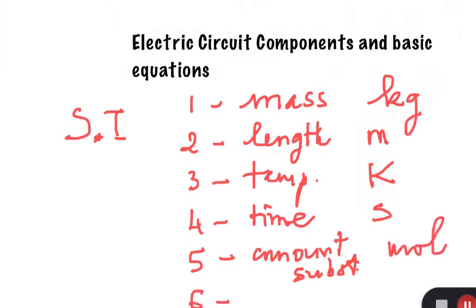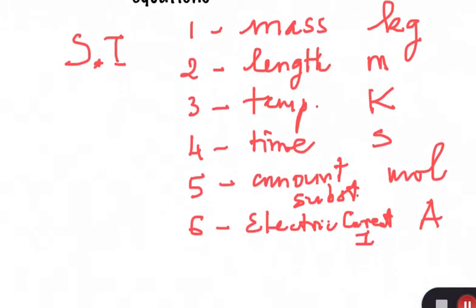Number six, we're going to discuss that today, which is the electric current. The electric current is expressed with the letter I, and the unit is amperes. The seventh one is about the intensity of light. We won't see that even if we have already studied light.